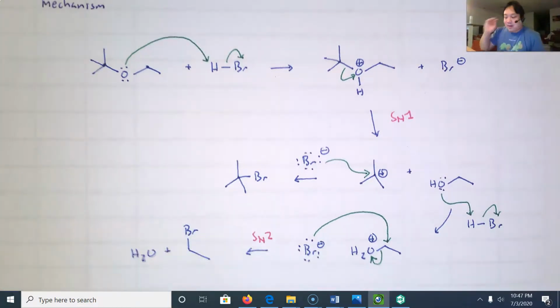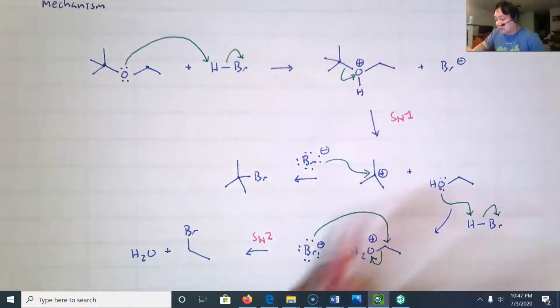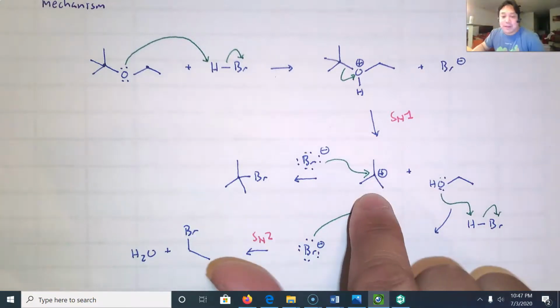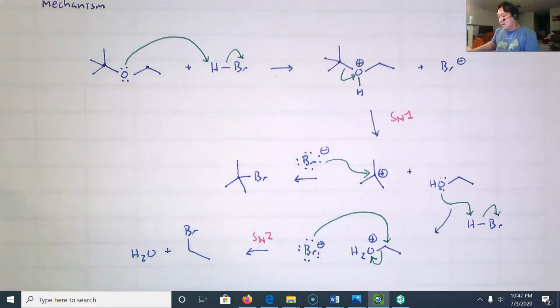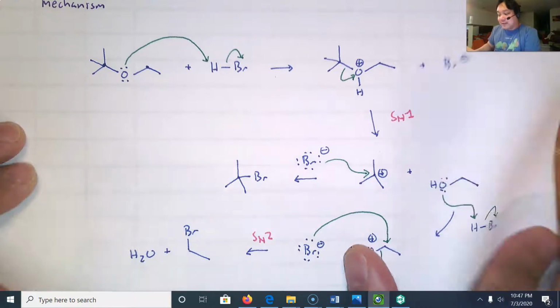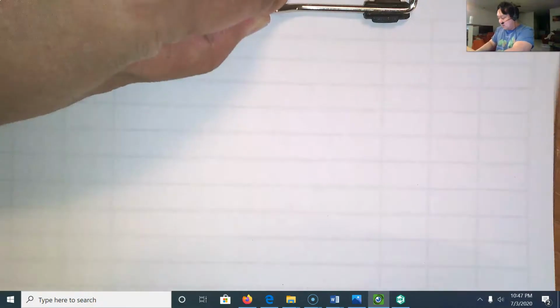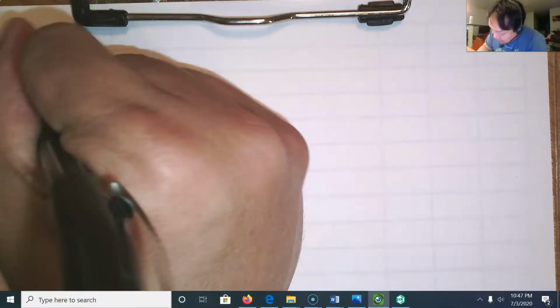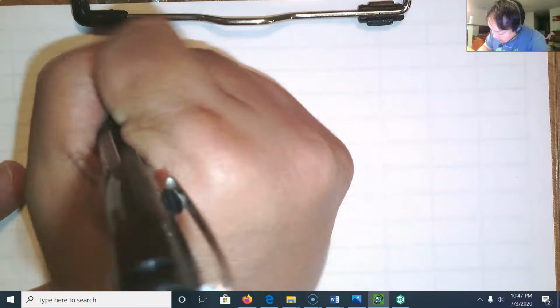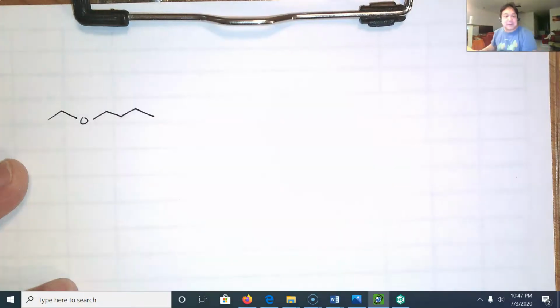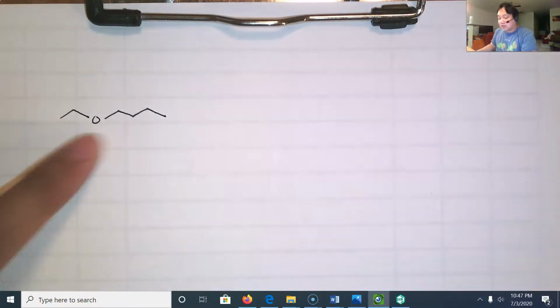Most textbooks want you to do the one that forms the more stable carbocation first. Now, this is a case-by-case basis, correct? Because maybe you can't make a very stable carbocation. What happens if your ether is like this? Just two simple alkyl chains.